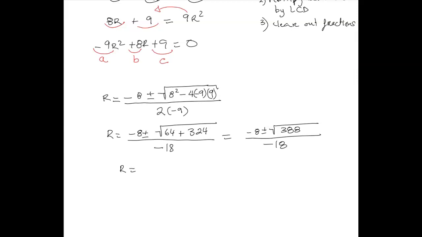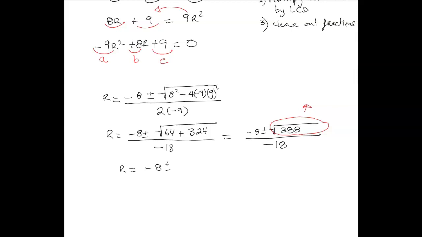So it's going to be negative 8 plus minus. And then let's analyze this here, right? Because we need to simplify this. Within the factors of 388, we need to find a perfect square, right? Because that's what's going to enable us to simplify. So let's say first, if this is divisible by 4, right?